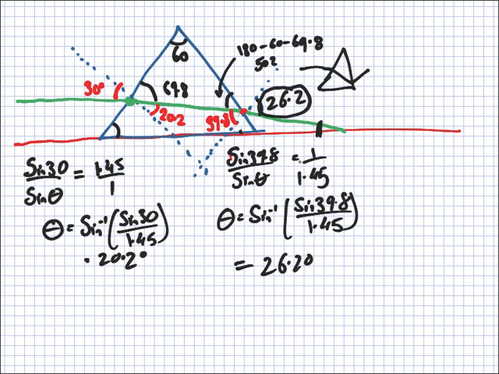So we'll make that 26.2 then. So I'll make the change. At what angle does the light exit the prism? And that's 26.2. Okay. I think my picture's wrong.